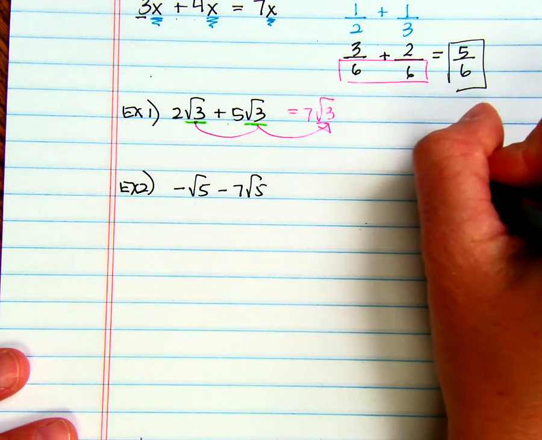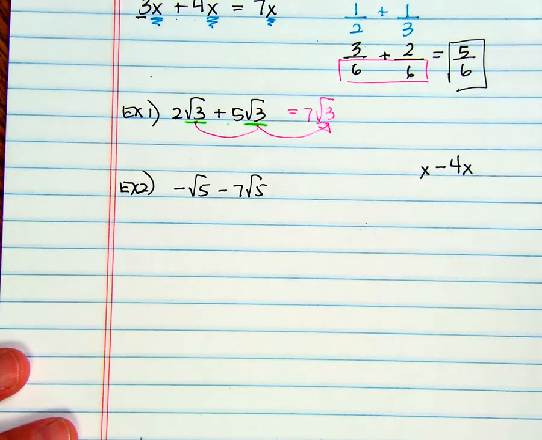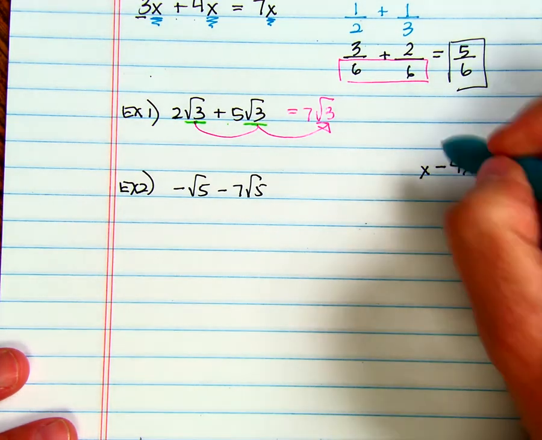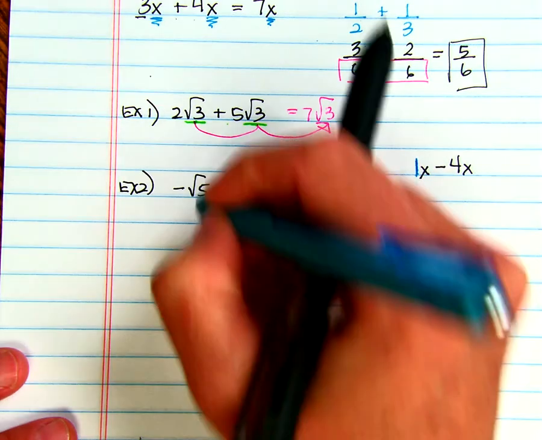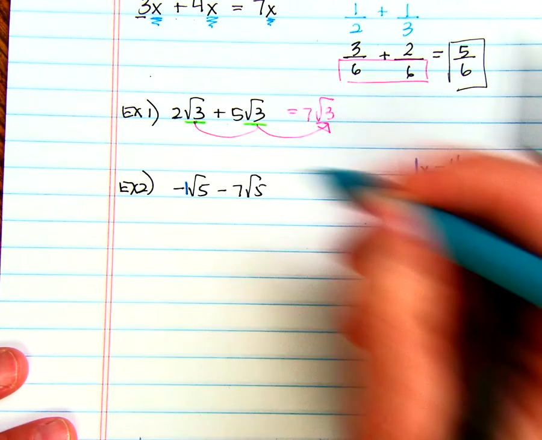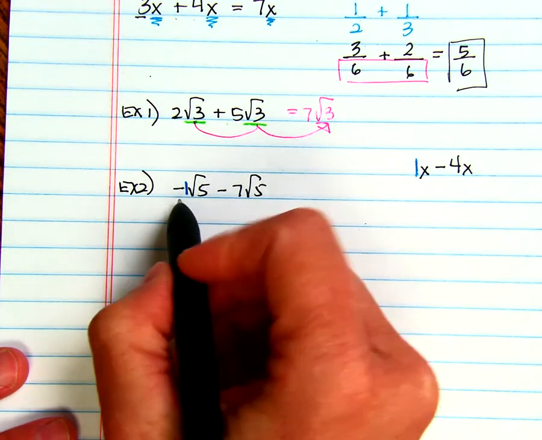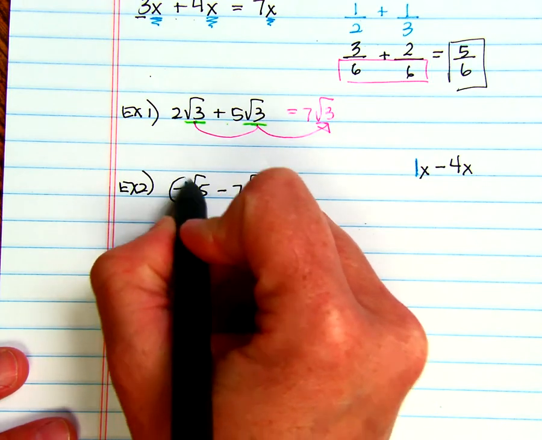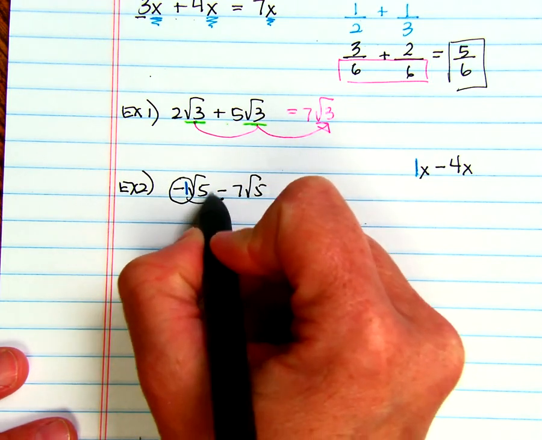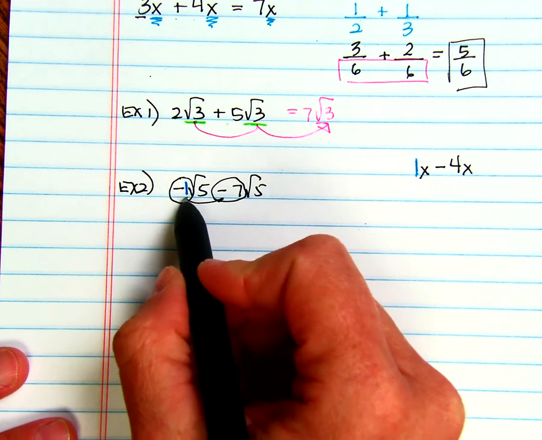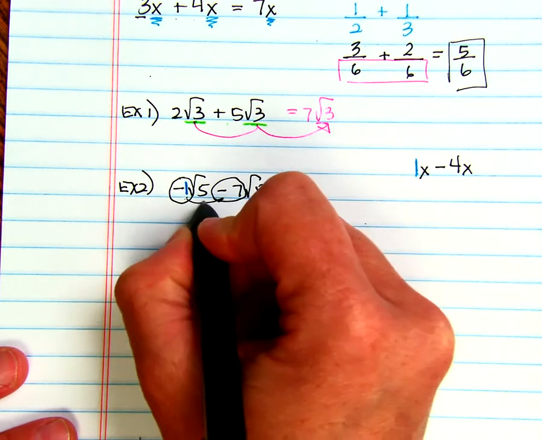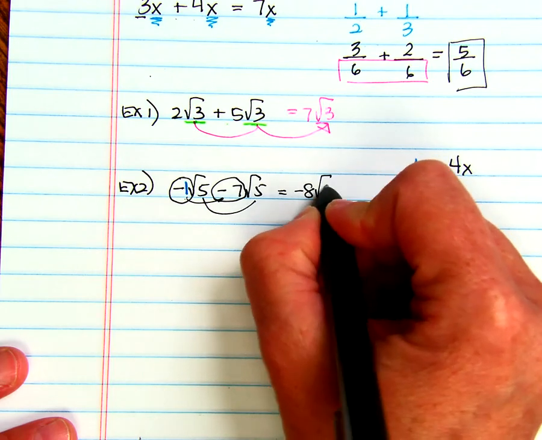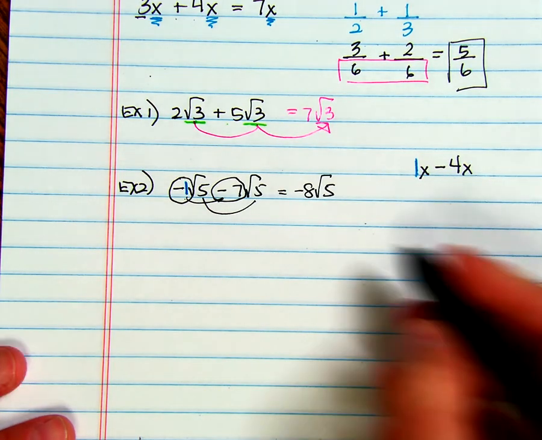So if we had x minus 4x, remember, that was the same thing as having an understood 1 there. So this is no different. There's an understood 1. So you are combining the numbers that are outside the radicals. So negative 1 minus 7 gives me a negative 8. And then they are like terms. We keep the radical. So negative 8 radical 5.